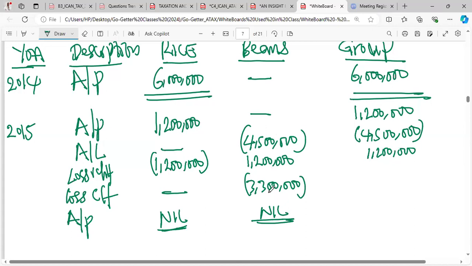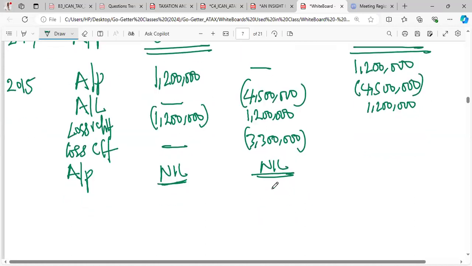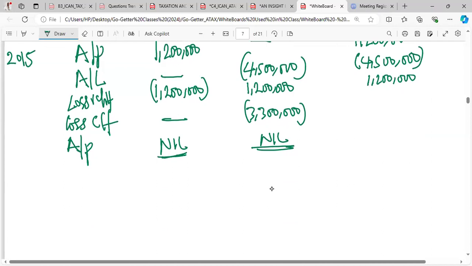So the remaining debt carried forward is 3,300,000. Of course, it didn't have accessible profit before, so both of them are nil. Now take note, this 3,300,000 will only be relieved when beans have any profit. It cannot be relieved from rice anymore. So let's go now to 2016.